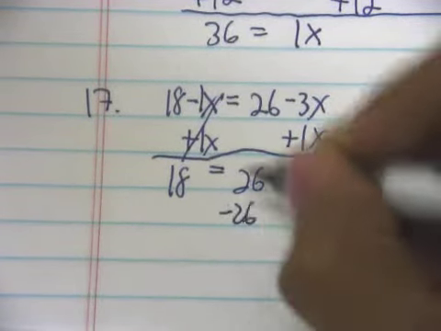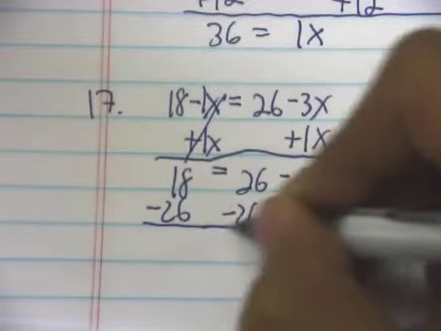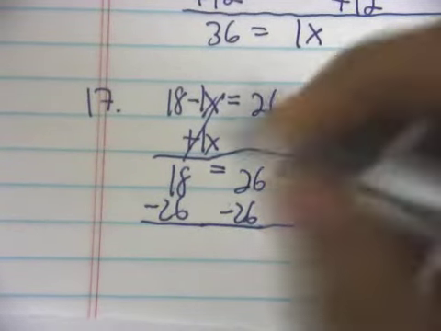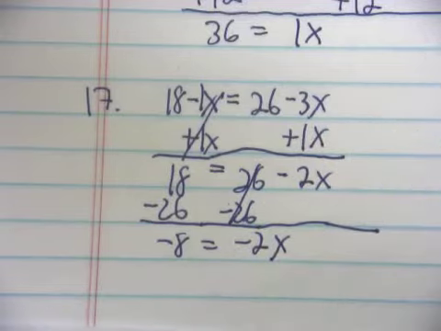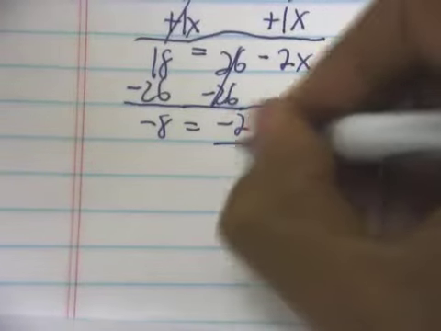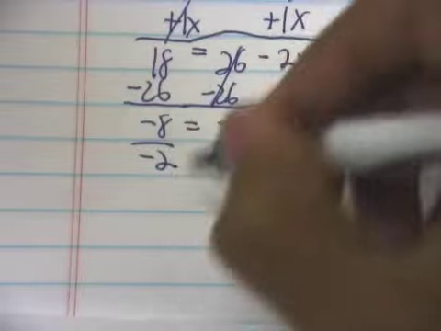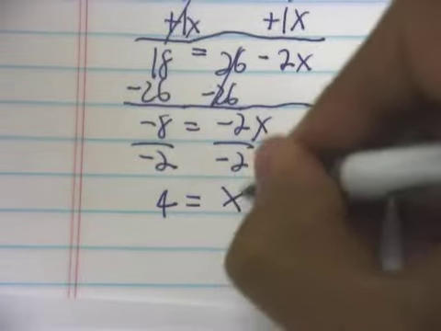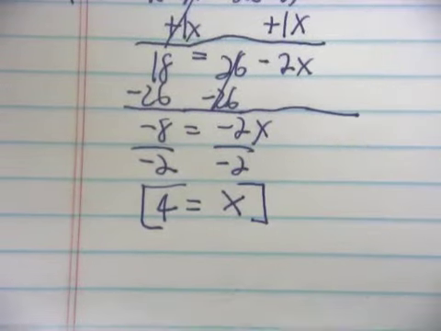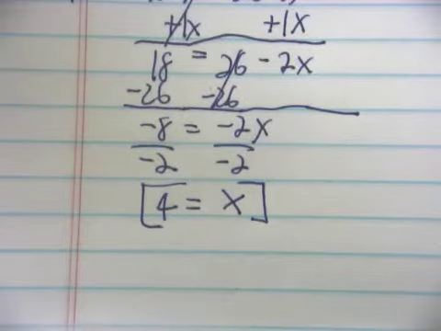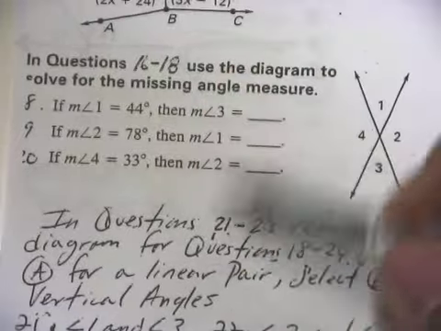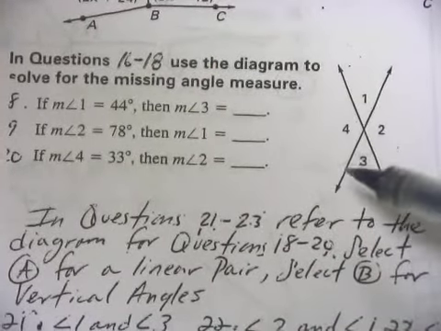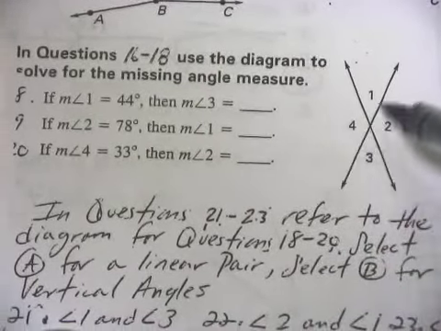So there's a 1 in front of here. And x is equal to 4.